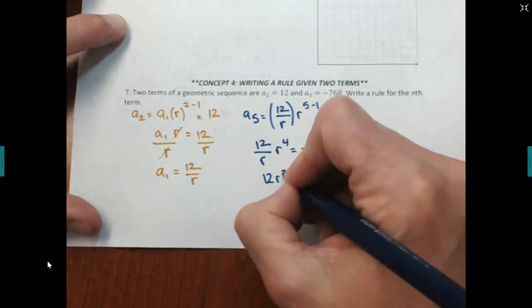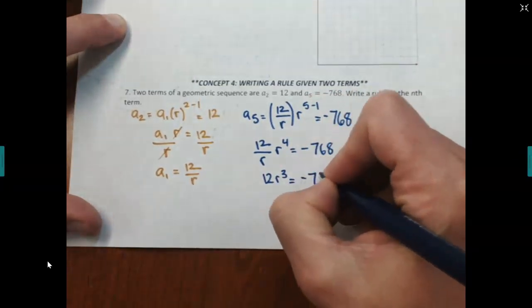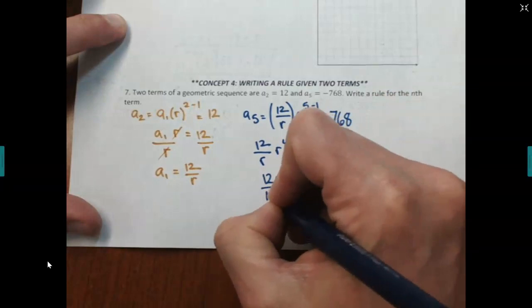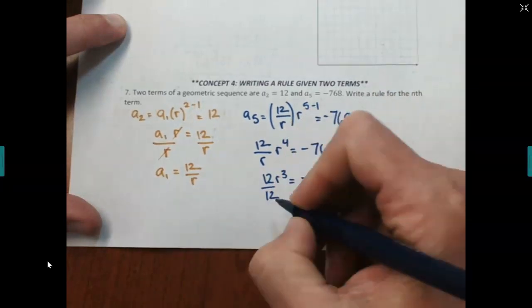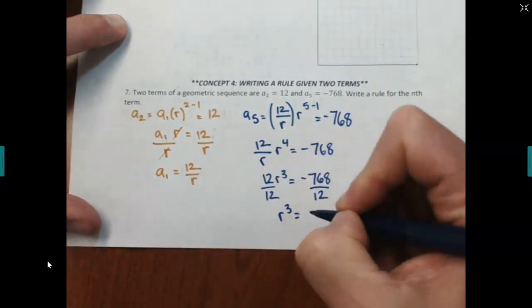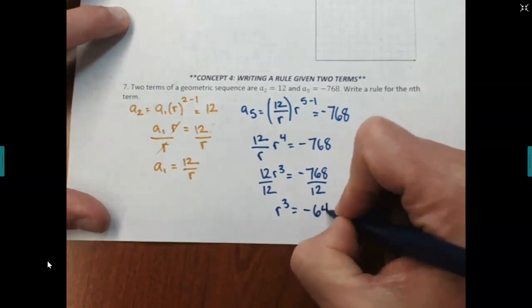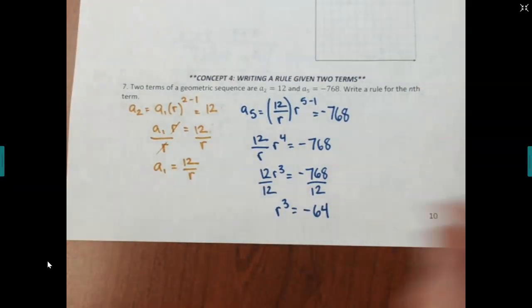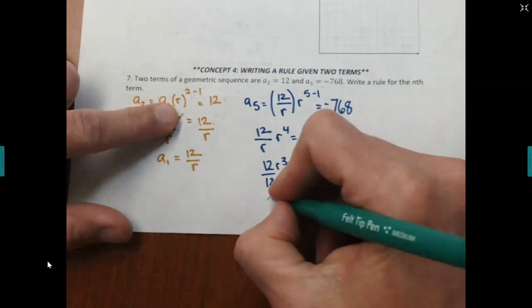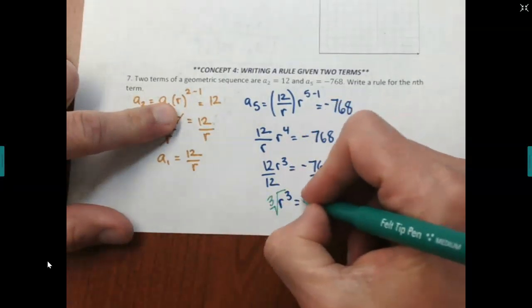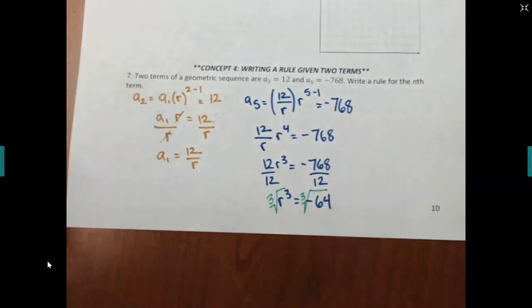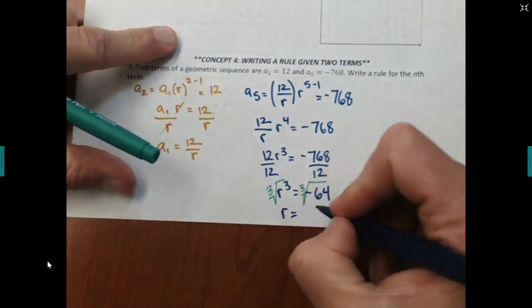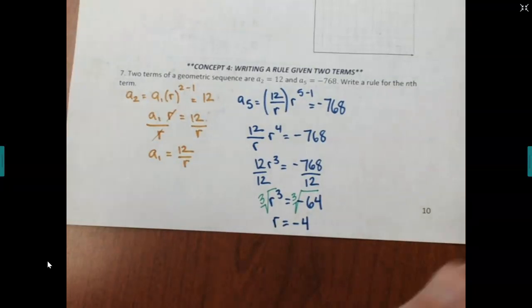I get 12r cubed equals negative 768. Divide by 12 to get r cubed all by itself. r cubed is equal to negative 64. I'm going to take the cube root on both sides. When I do that, I isolate r and I get negative 4.